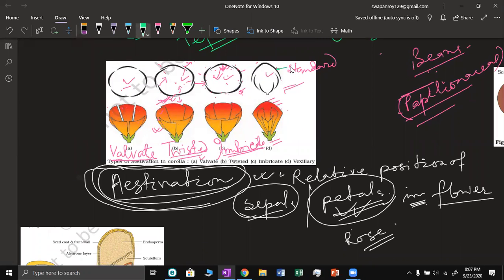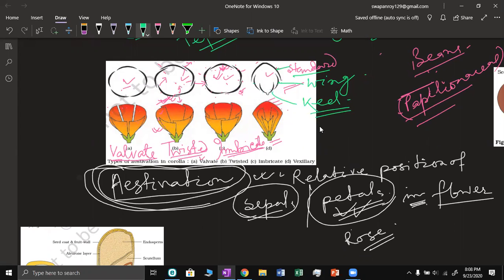This is the standard, and there are 2 lateral petals. This vexillary estivation is found only for petals, not in calyx. So it is only in corolla. This is the arrangement of the petals. The 2 lateral petals are called wings. And in the anterior, there are 2 smallest petals, called keel.